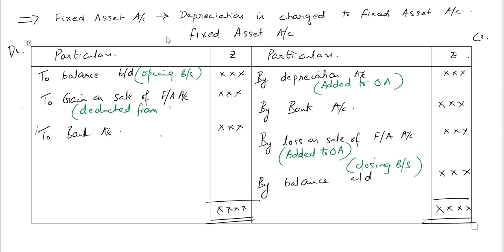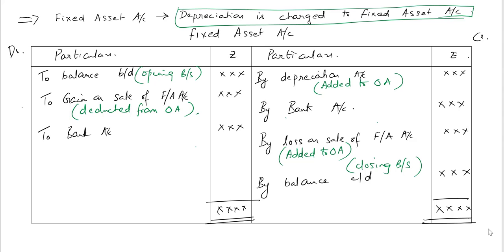from operating activities. The sale of the fixed asset will be shown as inflow in investing activities, whereas the purchase of fixed asset will be an outflow in investing activities. So this is the format of the fixed asset account in the first method, where depreciation is charged to the fixed asset account.